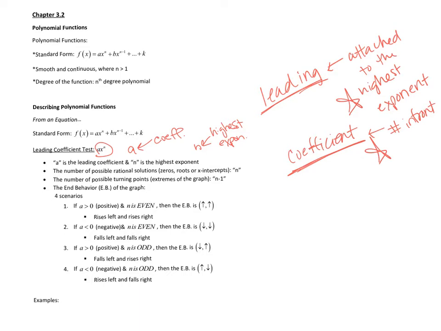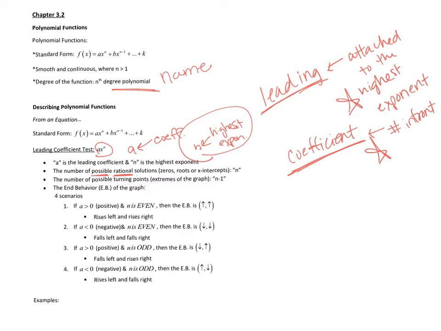Okay, so just these two values are going to tell me a couple things. The first thing it's going to give me is, of course, the name. Remember, we talked about the degree of the polynomial, which is just the name of the function, comes from that highest exponent. Okay. Another thing that this n can help us know is it can tell us how many possible rational solutions there would be. Now, remember when we talked about quadratics, we looked at the word solution meaning a couple different things.